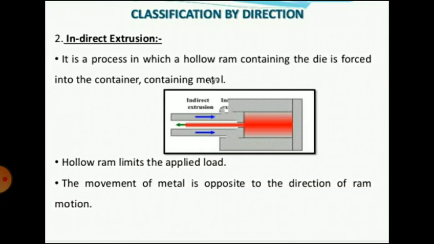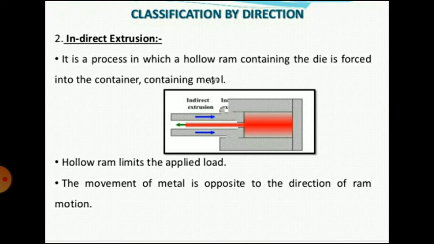The second type in classification by direction is indirect extrusion. It is a process in which a hollow ram containing the die is forced into the container containing metal. The hollow ram limits the applied load.